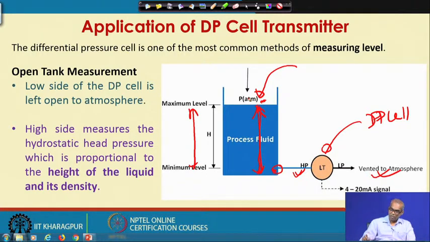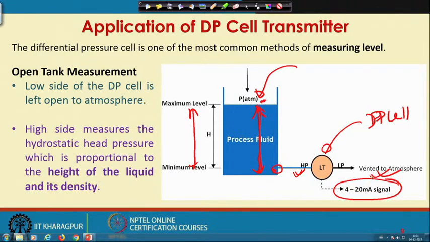So, the output of the DP cell, which may be a 4 to 20 milliampere current signal for an electrical DP cell, can be taken as a measure of the hydrostatic pressure head, which in turn is related to the height of the liquid, given the information on the density of the liquid.